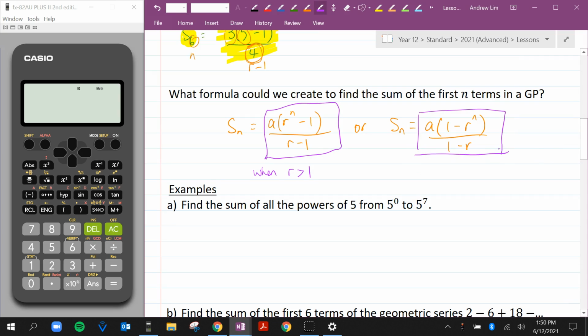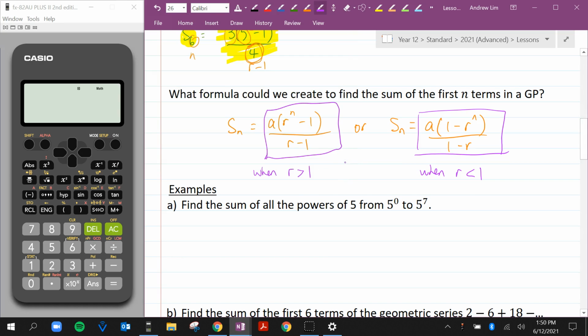I would use this when the ratio is less than 1, and the reason is so that the denominator will always be positive. Now, it doesn't really matter which one you use. If the ratio was less than 1 and you used the first formula, you'll still get the same answer.